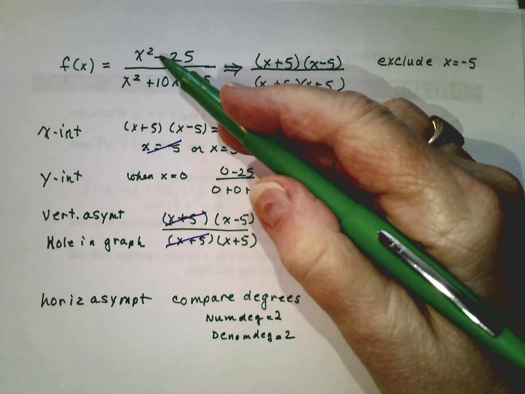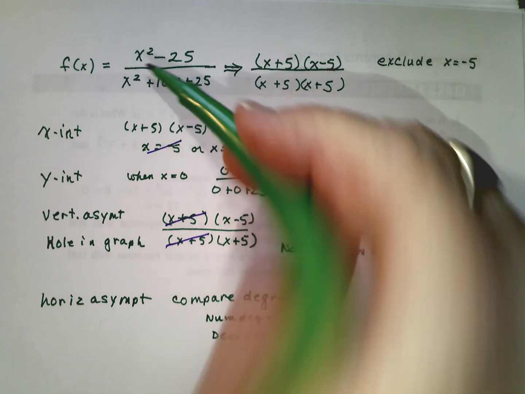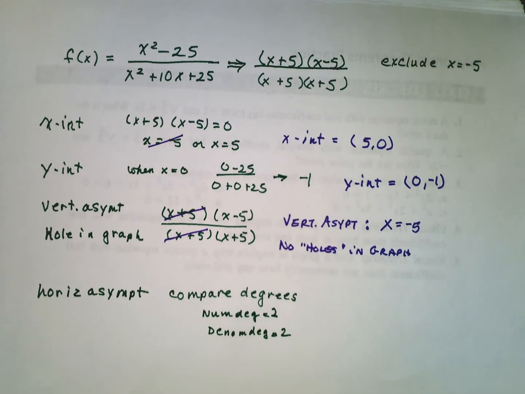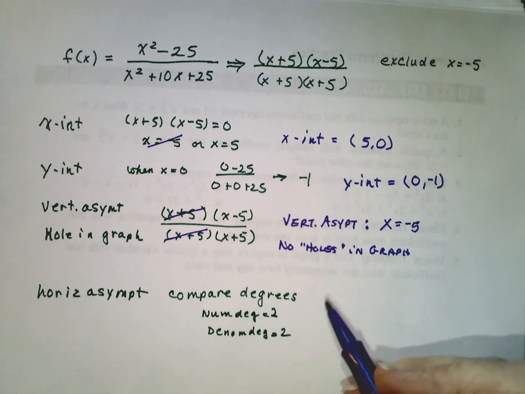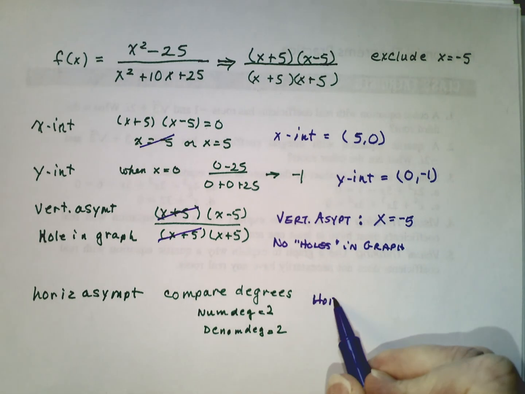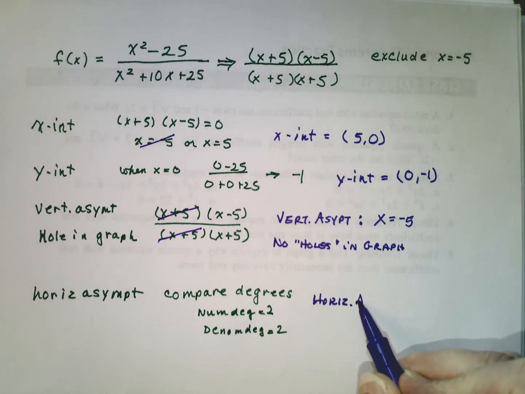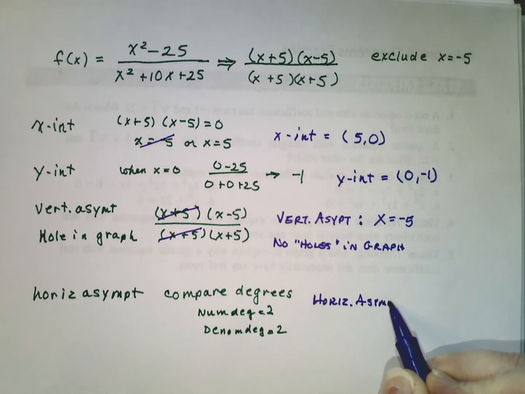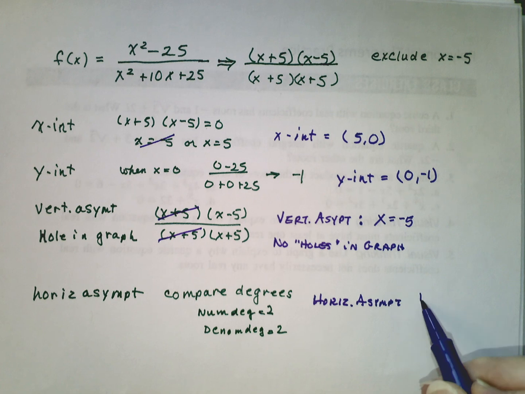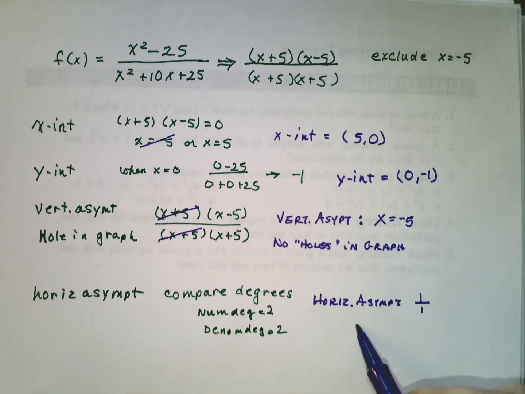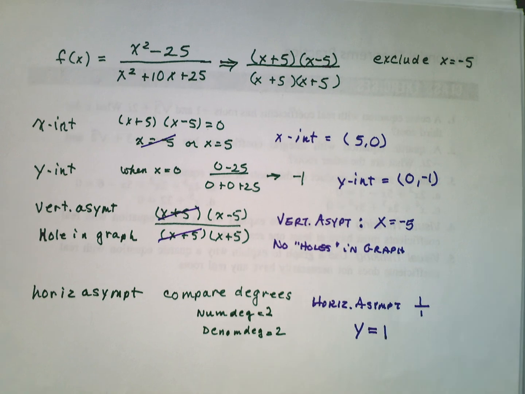And if they have the same degree, we just write the ratio of the leading coefficients. So the horizontal asymptote is going to be 1 over 1, or we write the equation, horizontal line is going to be y equals 1.